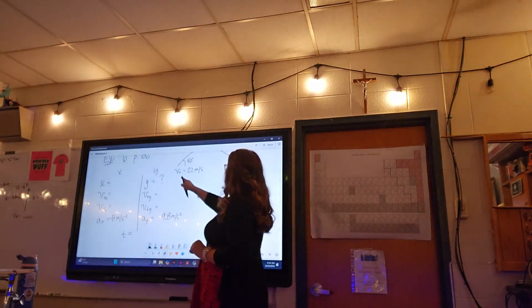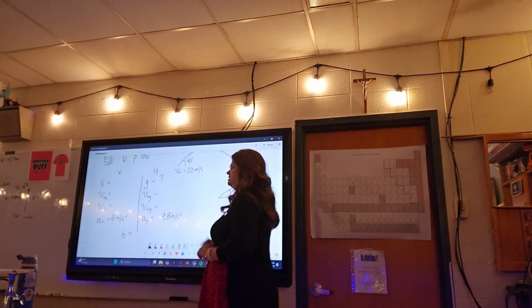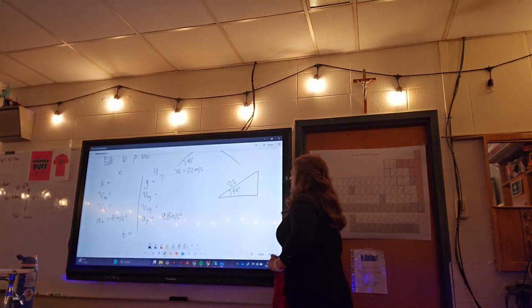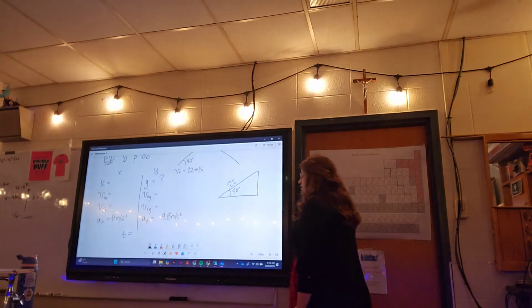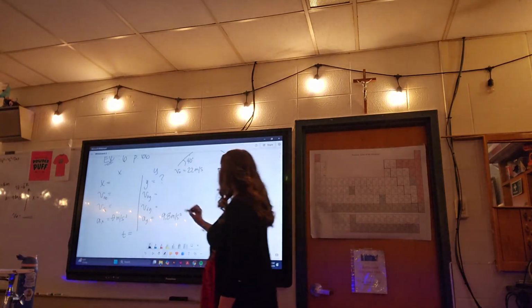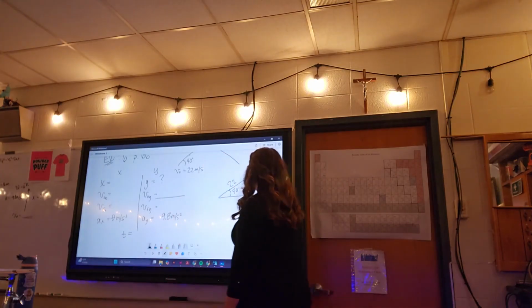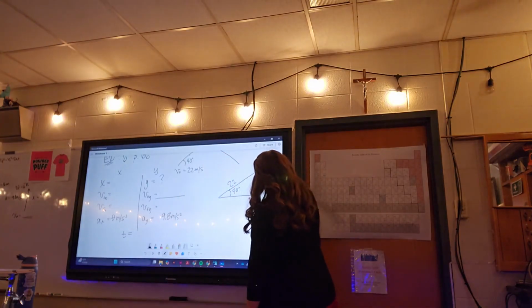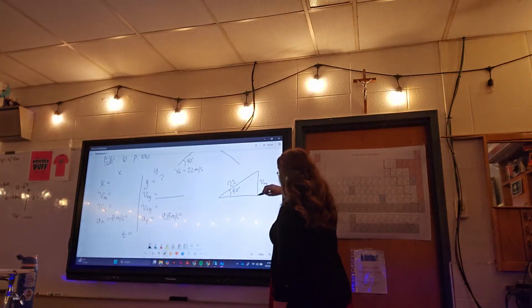Because it tells you that the speed at which it leaves the foot is 22. So, what can we do? Well, we can find what V naught y is. V naught y is this part of the triangle.